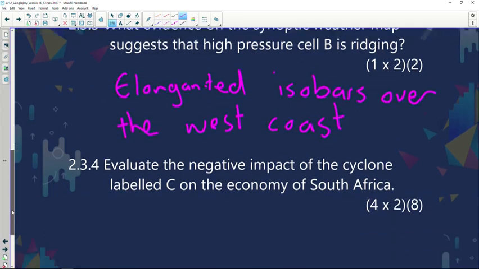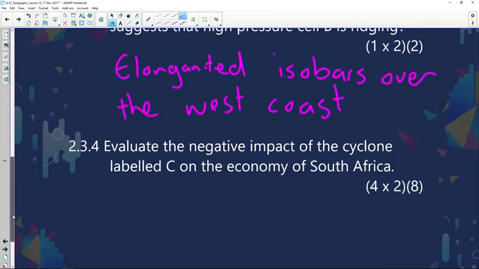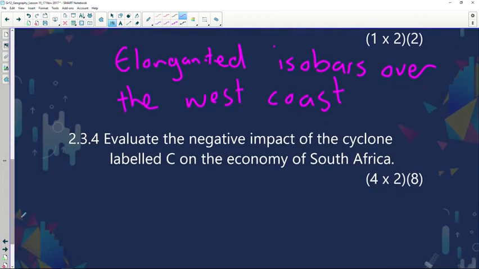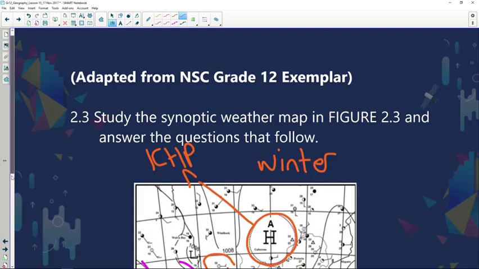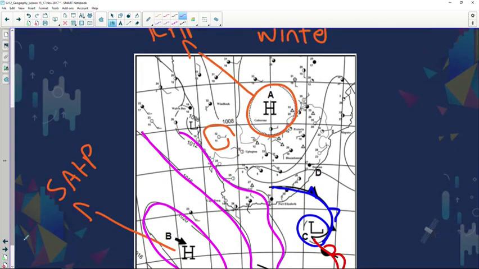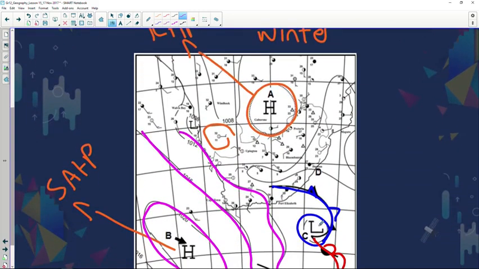Now, evaluate the negative impact of the cyclone labeled C on the economy of South Africa. Keep in mind, this mid-latitude cyclone, excuse my pun, creates a Mediterranean climate for this area over here. Believe it or not, there are positive impacts of these mid-latitude cyclones, and we experience some negative consequences as well.